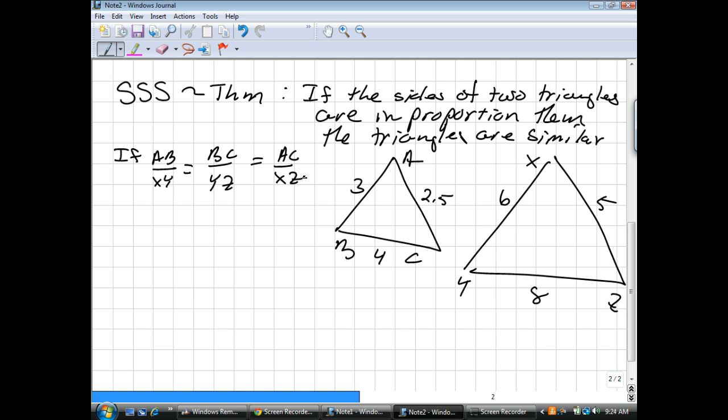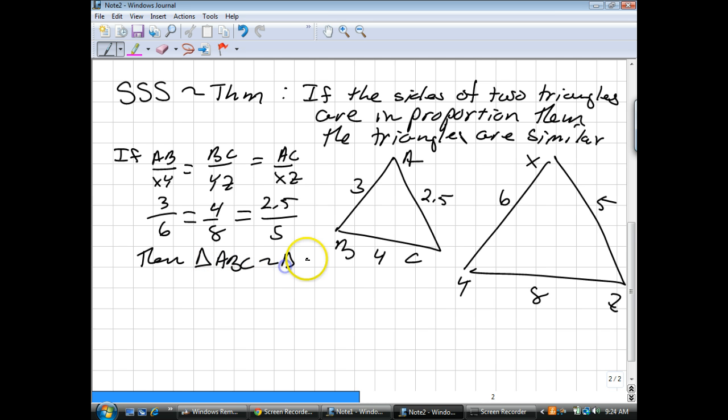Okay, so in other words, 3 is to 6 as 4 is to 8 as 2.5 is to 5. That's true. Then triangle ABC is similar to triangle XYZ.